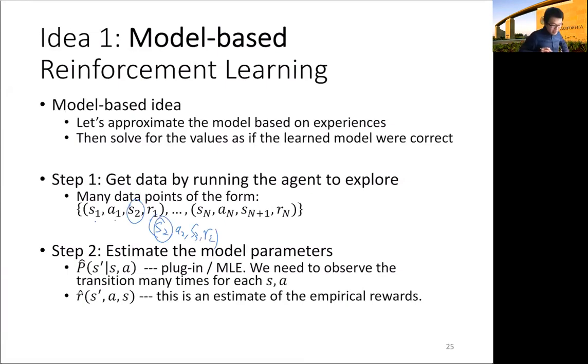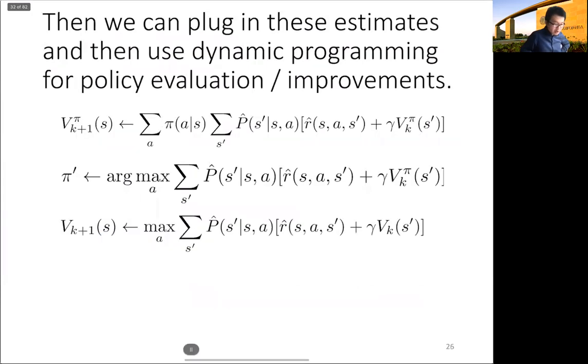Okay, but still, if we just don't worry about that, the good design principle is to plug this data into the model estimator's parameters and estimate the P with P hat and estimate R with R hat. After that we can create this approximate MDP and then use the same old value iteration or policy iteration to address that.